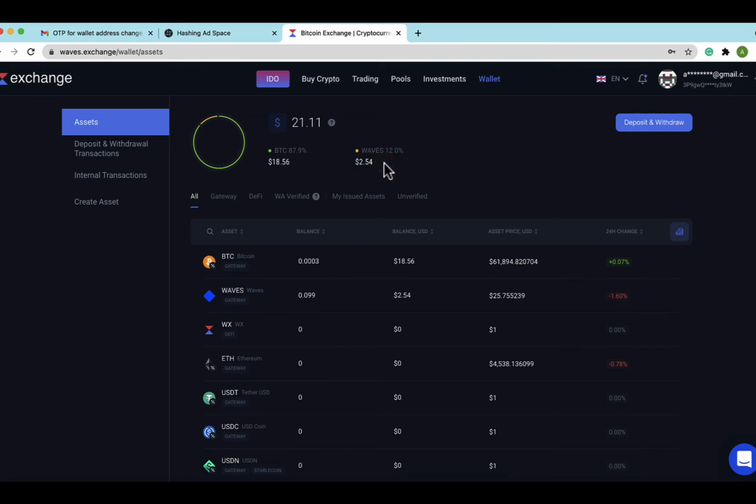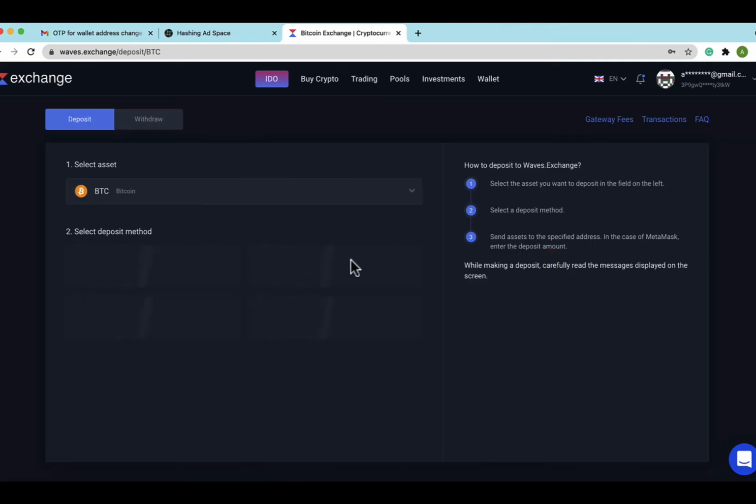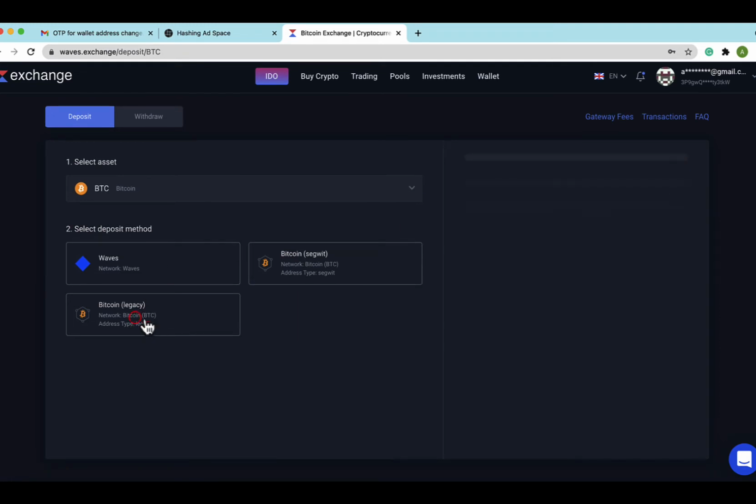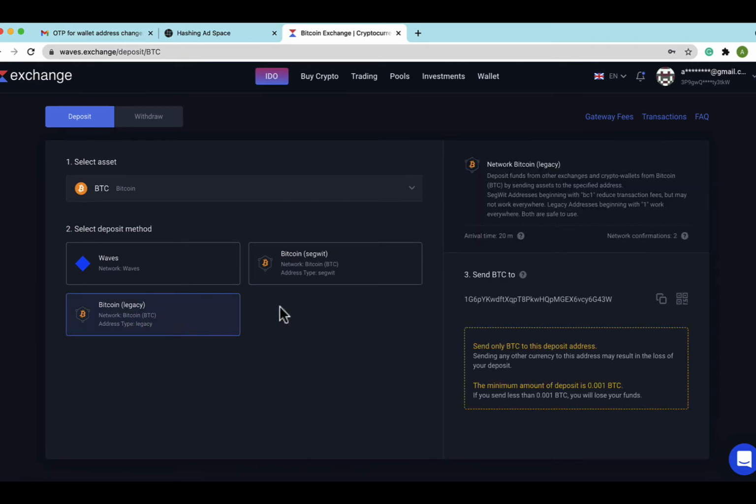Now you can get Waves in a couple of different ways. You can right here deposit Bitcoin or Waves into your account or other tokens like Ethereum. If you were to deposit Bitcoin, for instance, this is a great way to get Bitcoin into your account. It's a simple way to deposit Bitcoin potentially from another wallet that you already have.